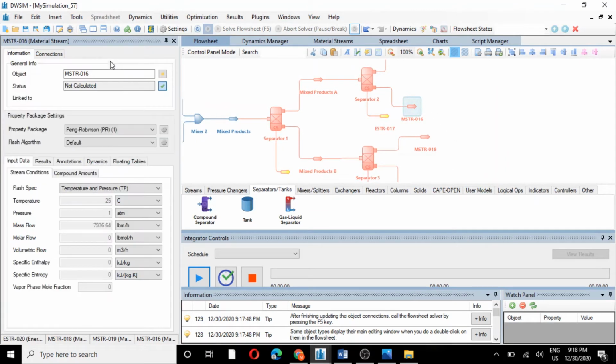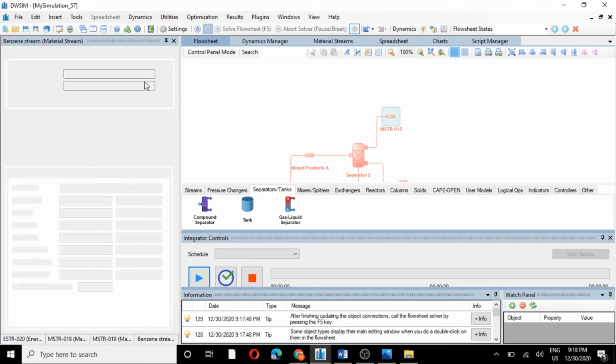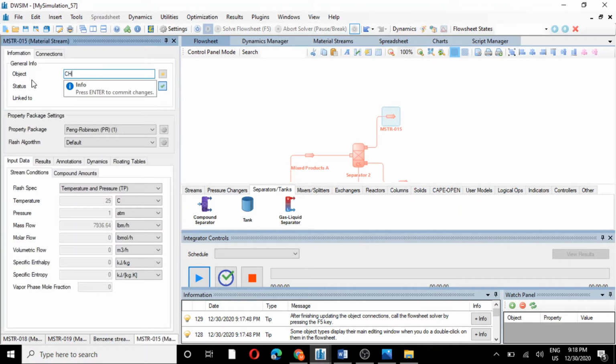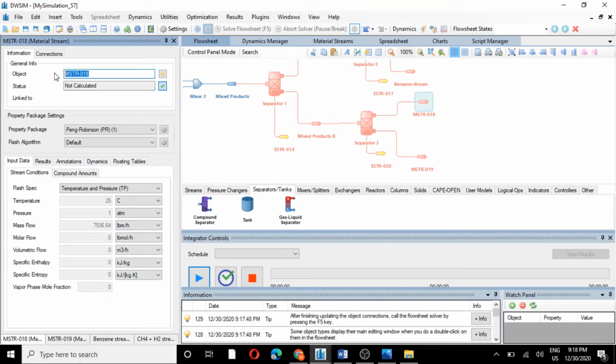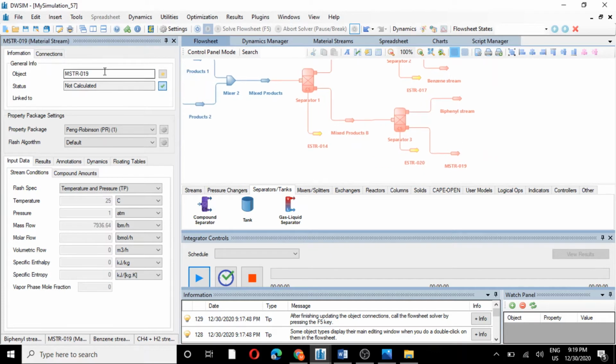This one is the benzene stream, enter, and this one is for the CH4 plus H2 stream, and this one is our biphenyl stream, and this one is our toluene stream.